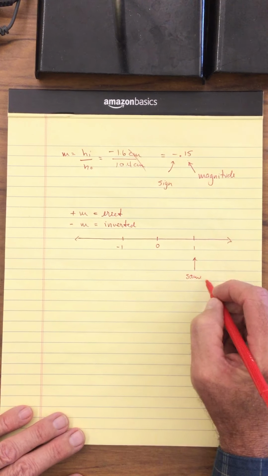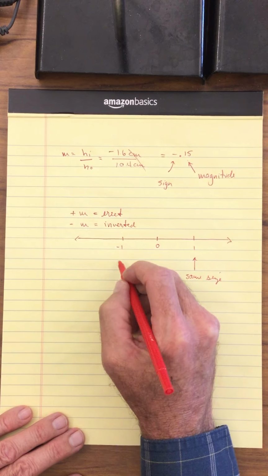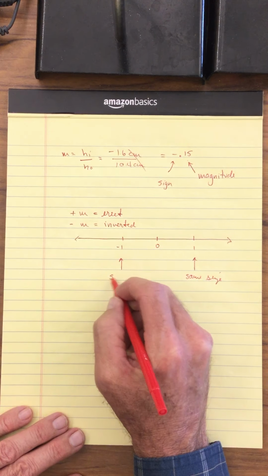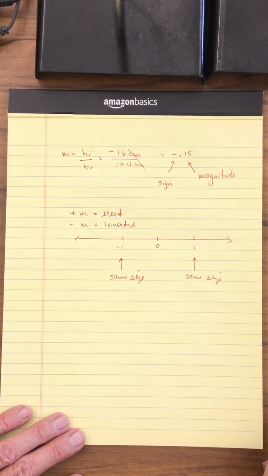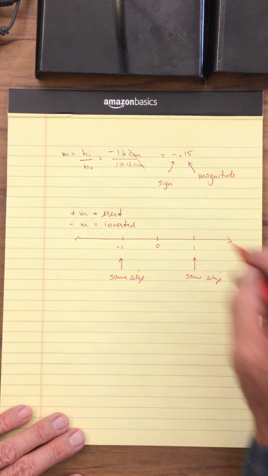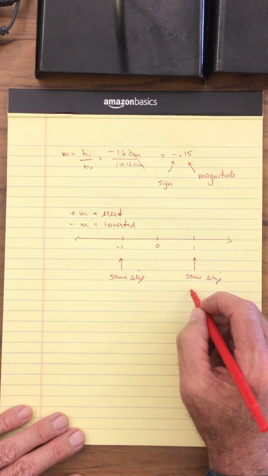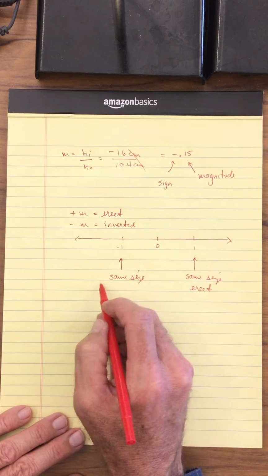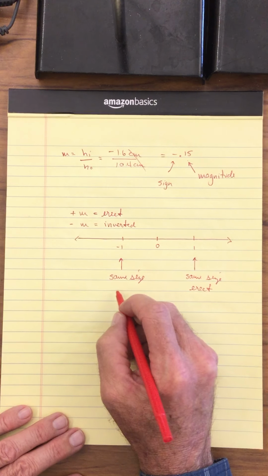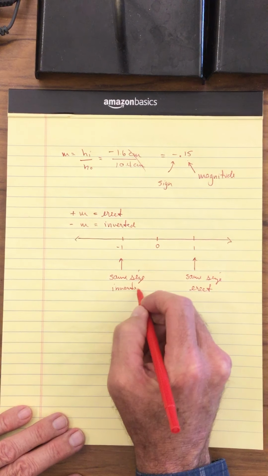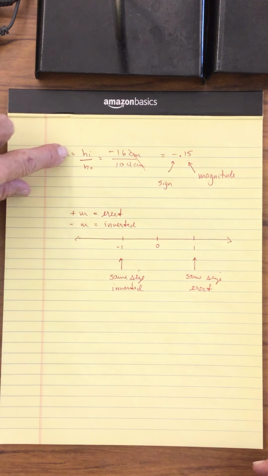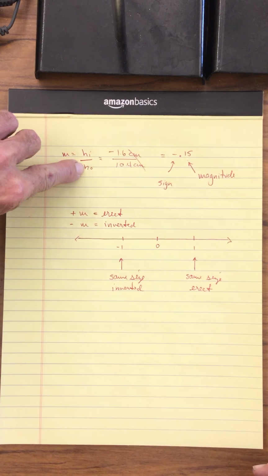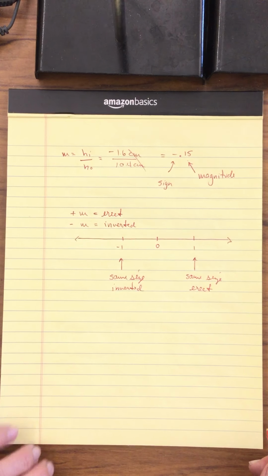So here it's the same size. Here it also is the same size. However, +1, positive, is going to indicate that it's going to be erect. Negative numbers are going to indicate that it's going to be inverted. Well, what if the height of my image is 4, the height of the object is 2, and my magnification is 2?